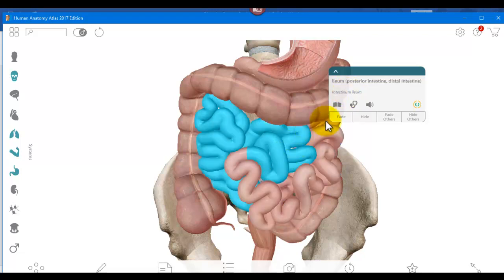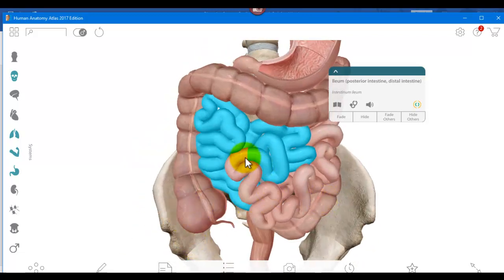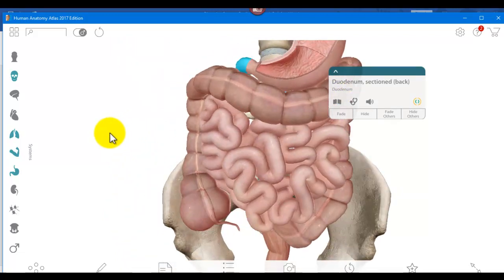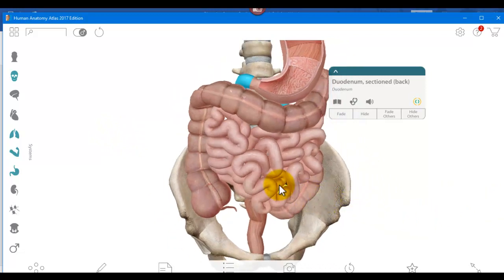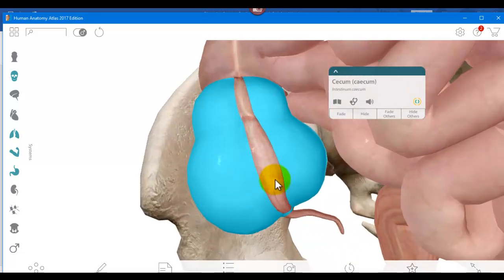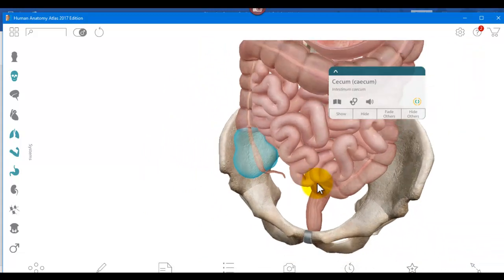Duodenum, ileum, interesting. So that goes around, and that's connecting to the colon. And then right here is the duodenum. So all of that is the small intestine. Let me back up. And then here's the colon. That's called the cecum, the beginning of the colon.